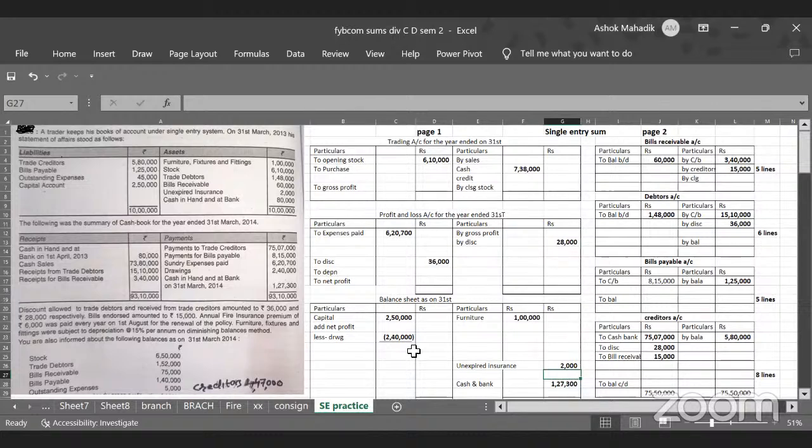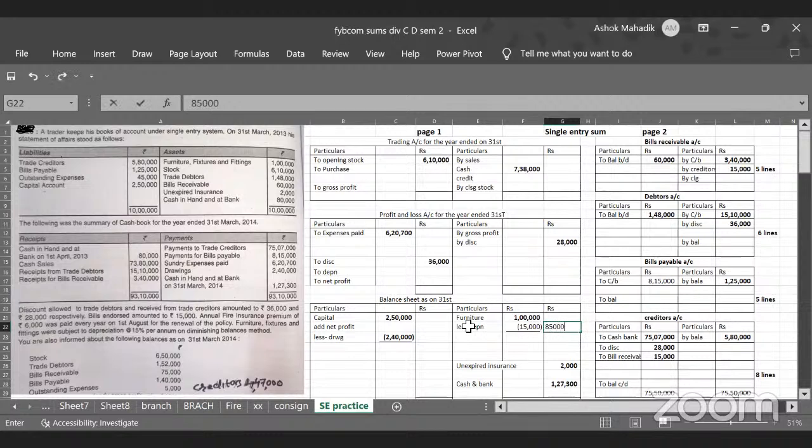Furniture, fixture and fittings were subject to depreciation of 15% per annum on the diminishing balance method. Very simple adjustment, your favorite one. On the asset side, you will write less depreciation. How much percentage is it? 15%. So on 1 lakh, 15% will be 15,000, right? So in the outer column, you will have 85,000.